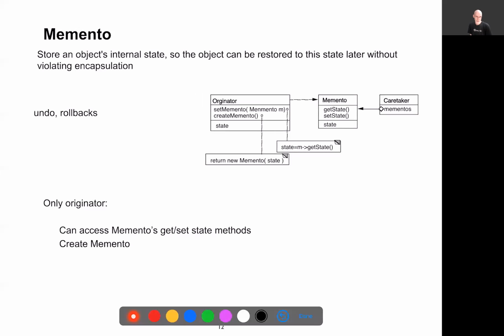The second pattern, which is related to undo, is called the memento pattern. And the pattern is pretty straightforward.